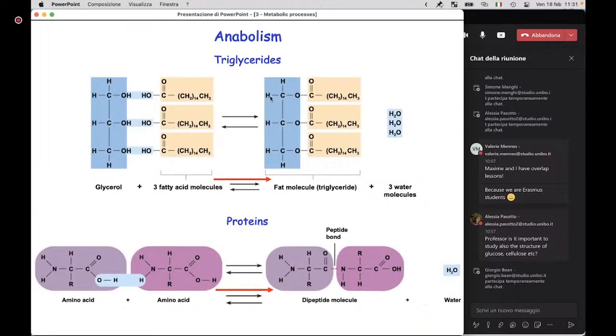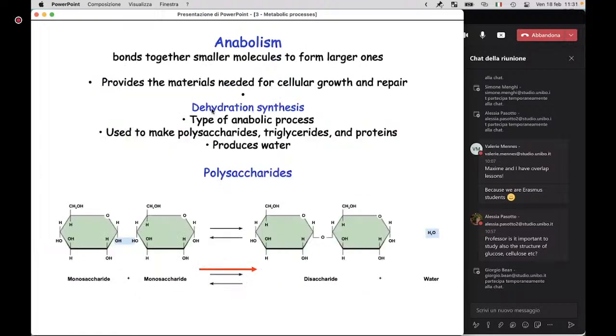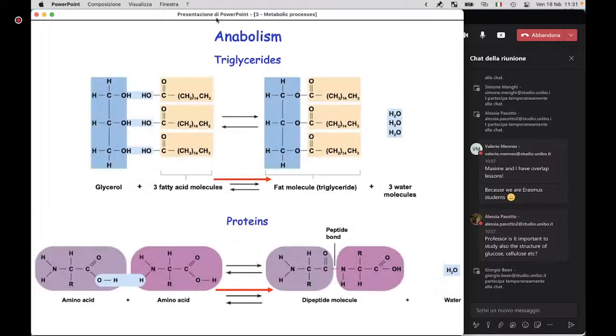Another example, these are all reactions we have already seen when we were talking about important molecules. This is regarding polysaccharide. This is regarding triglycerides or lipids. So when we take glycerol and make it react with fatty acids, we obtain a triglyceride molecule. And here you can see the condensation reaction will release one water molecule for each fatty acid.